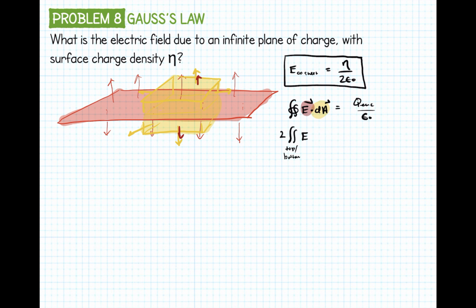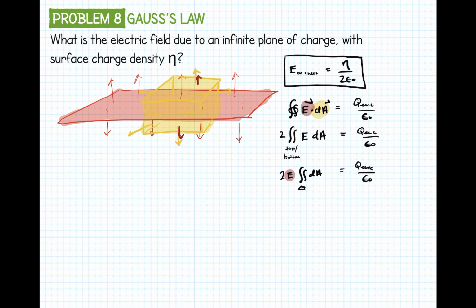The electric field is constant, so that means we can pull that out. Then dA, the dot product goes away because of the parallelness, and then we have Q enclosed over epsilon naught. So we end up with 2E integral of dA, where this is the box top, over Q enclosed epsilon naught.